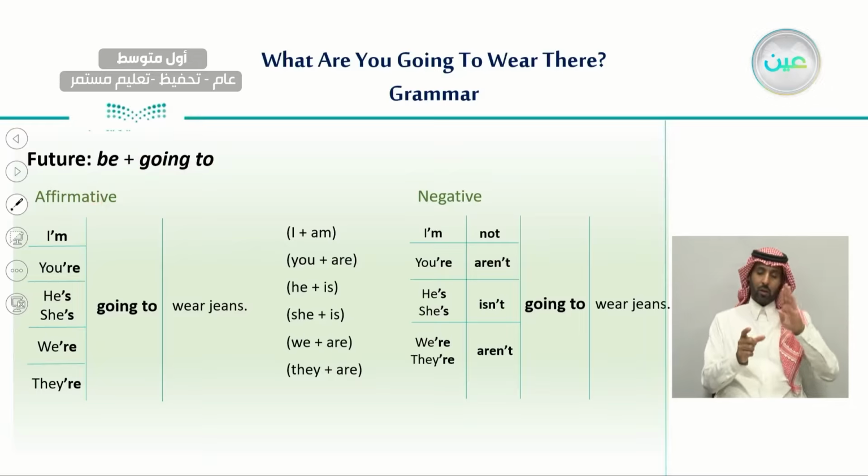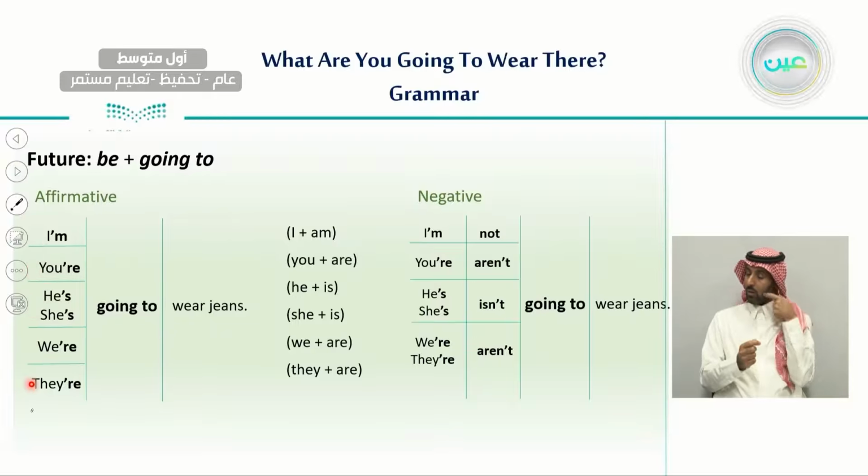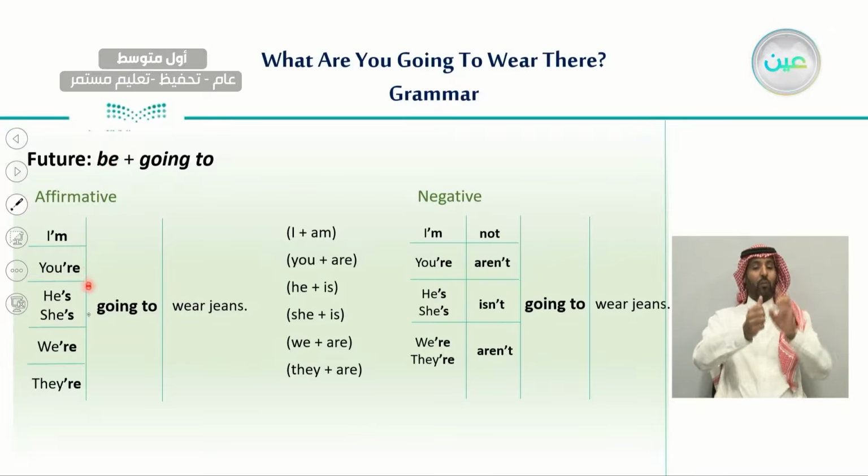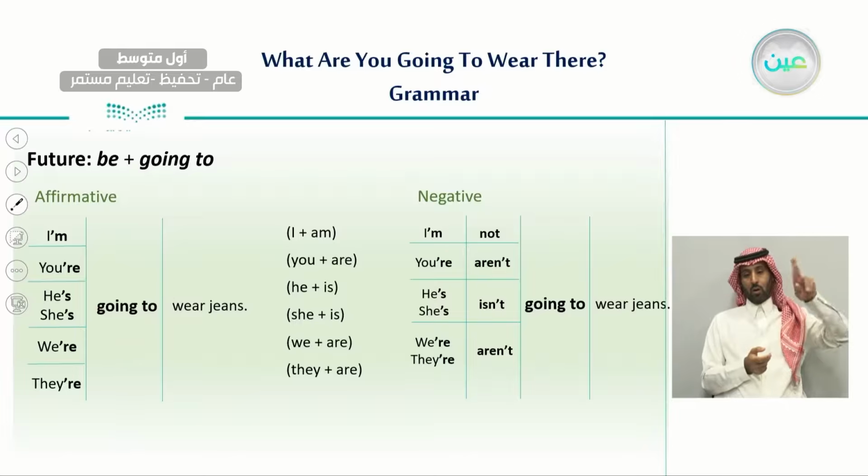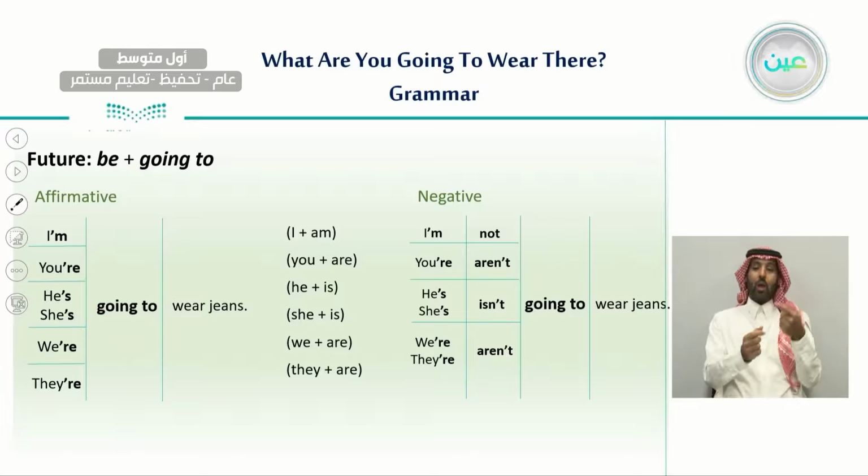As you can see here, we're going to use the subject pronoun I, you, he, she, we, they, and comes with it the verb to be, which is am, are, is. And after this comes going to, and we always use going to if we want to talk about the things that will happen in the future.